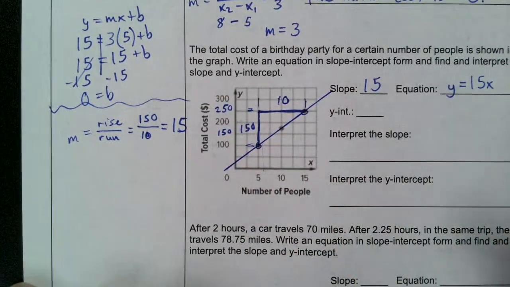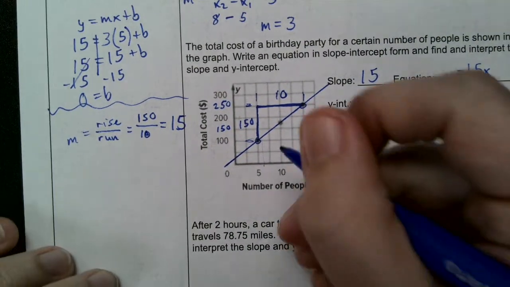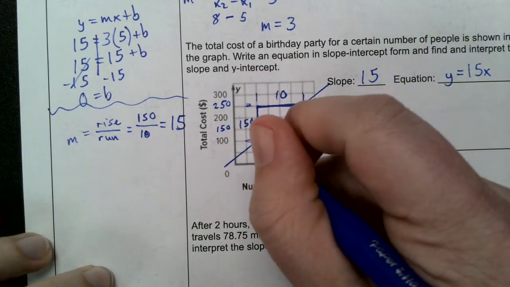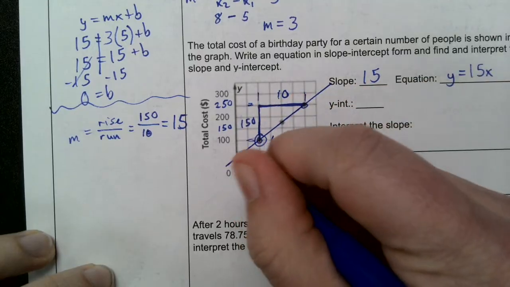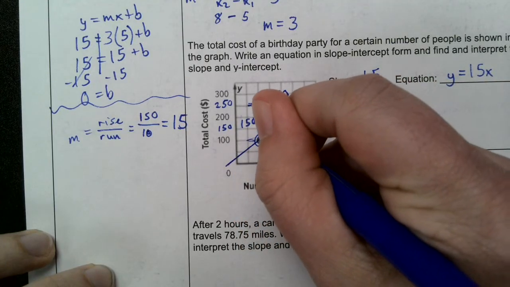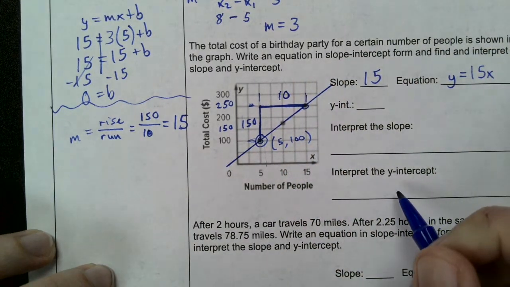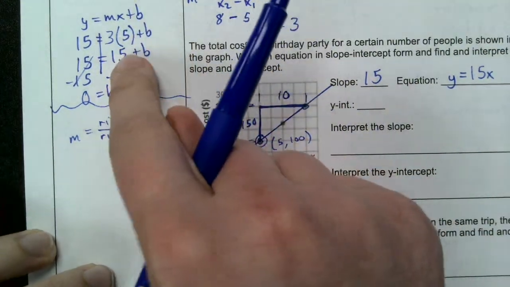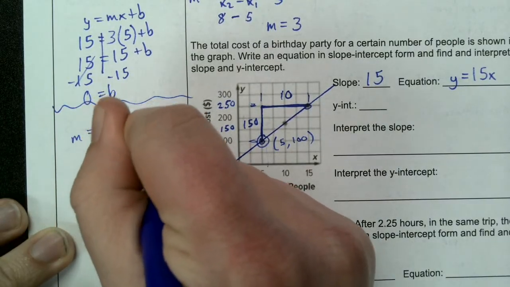And I'm going to use a point, and I'm going to use this slope. I'm going to use the easiest point that I know, which is at the ordered pair of 5 and 100. All right? So I'm going to use, again, y equals mx plus b.